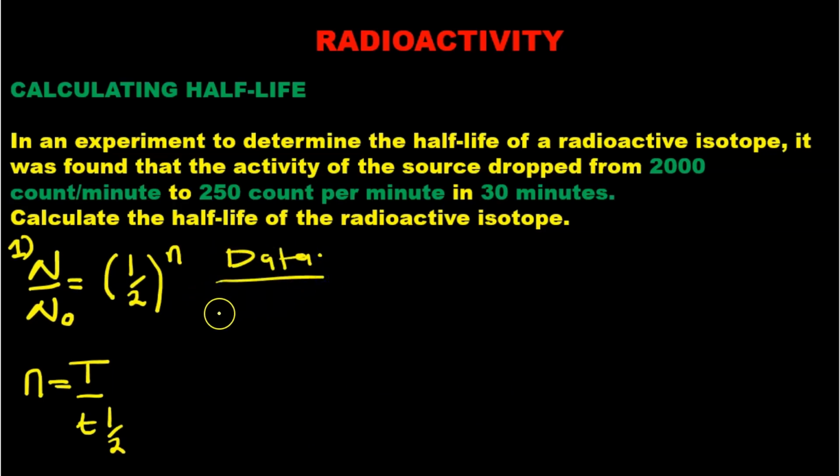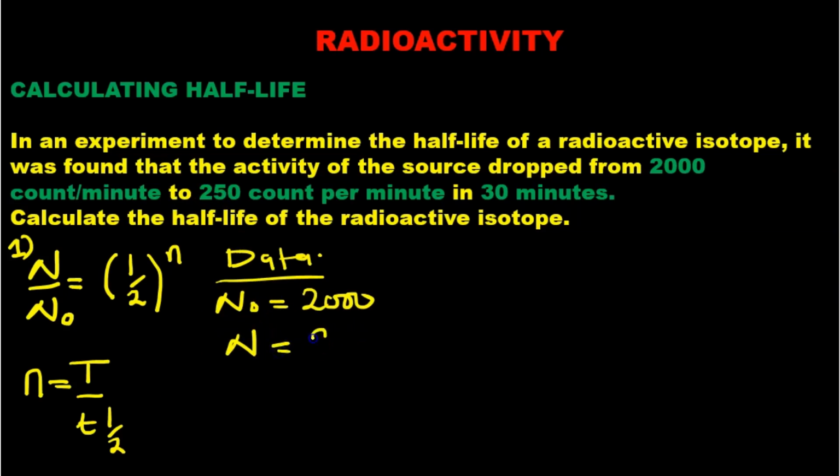If we collect the information from the question, the activity of the source dropped from 2000 counts per minute to 250 counts per minute. Which means the initial, N naught, was 2000 counts per minute. After a period of time, it dropped to 250, so the sample that remains for activity was 250.